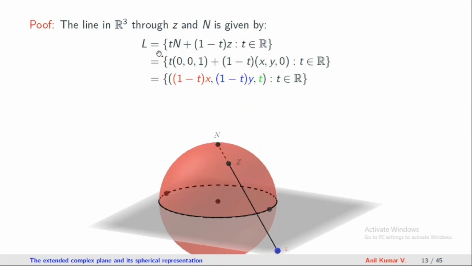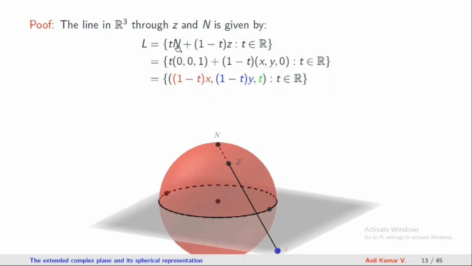So L is given by the set of all points tN plus (1 minus t) times z, where t varies over R. When t varies over R, we get all points in the line joining the points z and N. In particular, when t is equal to 0, we get the point z, and when t is equal to 1, we obtain the point N.